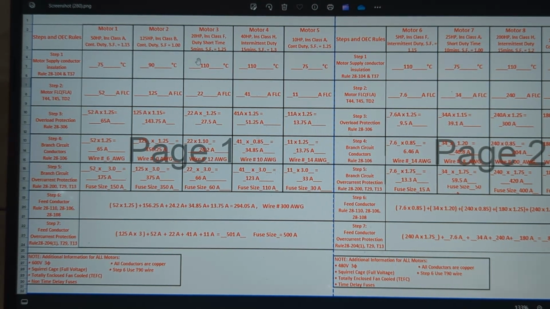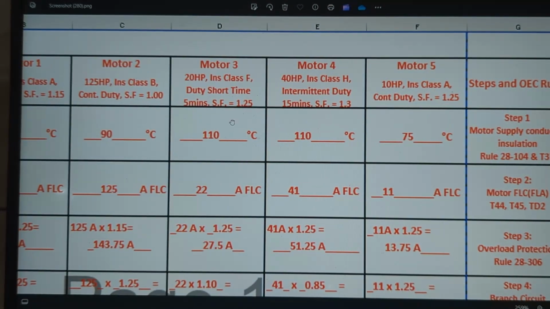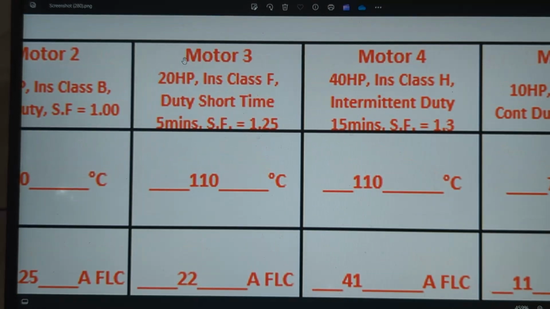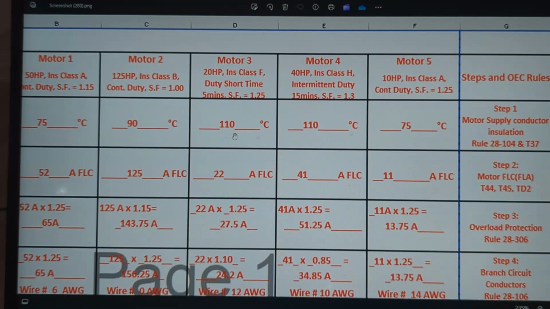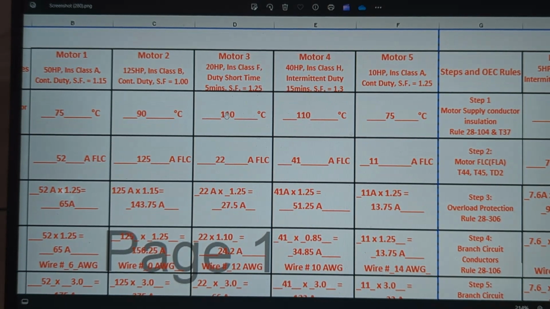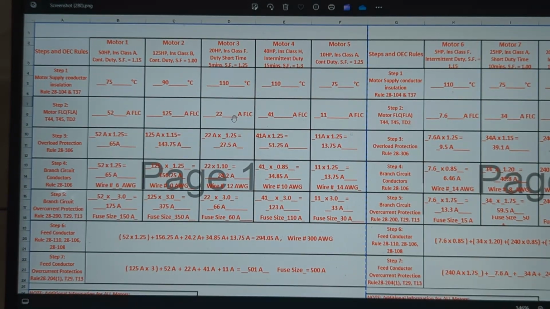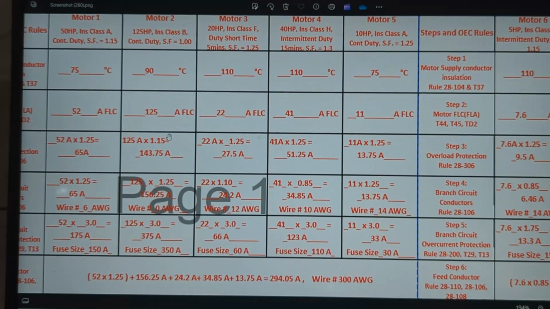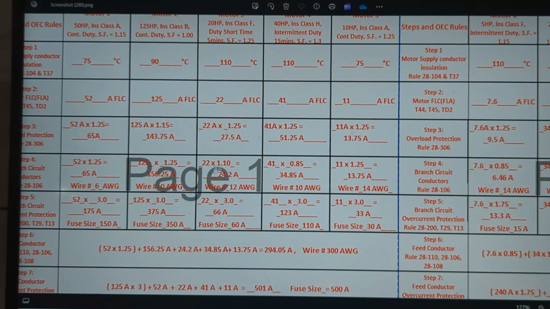Another example, I give you this one, motor 3. In motor 3, you can see 20 HP, insulation class F, duty short time 5 minutes. So this is the insulation temperature, class F is 110, table 37. Next, for the motor we use table 44 to find the motor full load current, 22 ampere, and then we check the conductors: 22 times 1.10. Why 1.10?